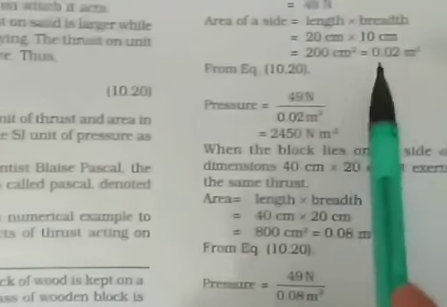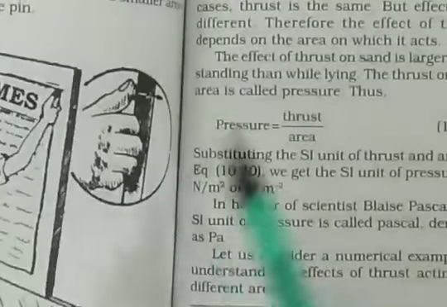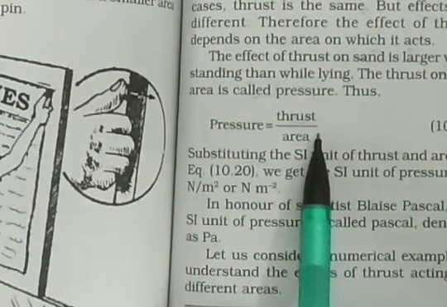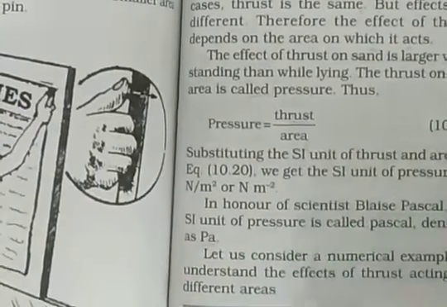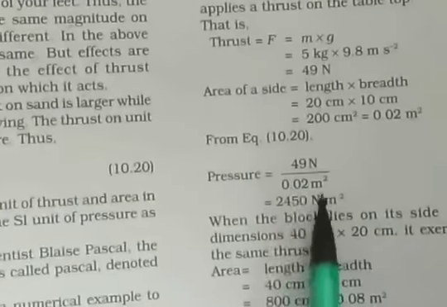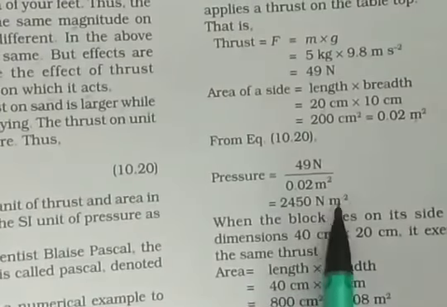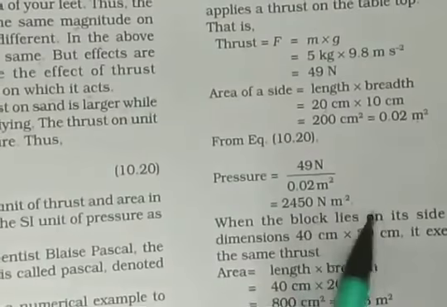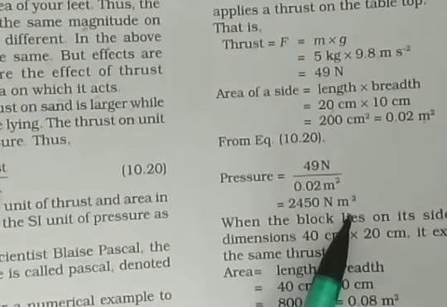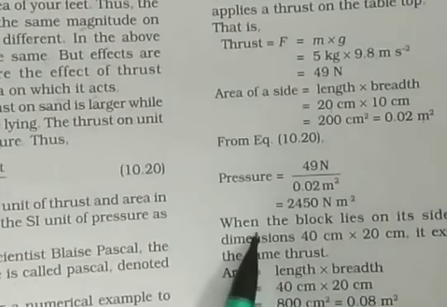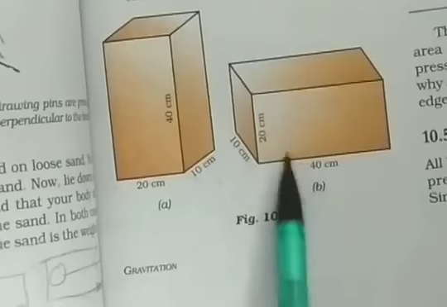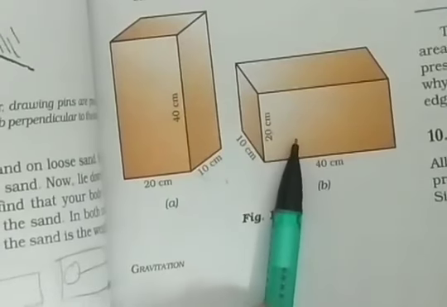Now we will apply this formula, pressure equal to thrust divided by area. So we have the pressure, that is 49 Newton divided by the area, 0.02 meter square. So we will get pressure as 2450 Newton per meter square. When the block lies on this side, the area will increase, and the thrust will remain the same.